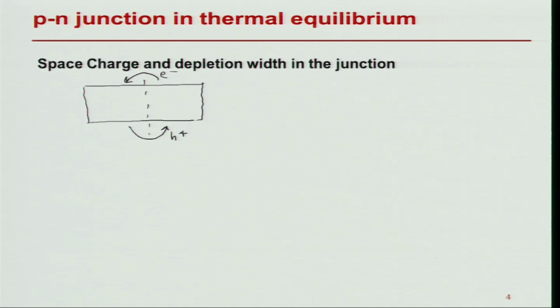If the electrons and holes are moving, which means a material which was neutral all along has left some positive dopants behind near the junction, and on this side the acceptors with the negative charge.